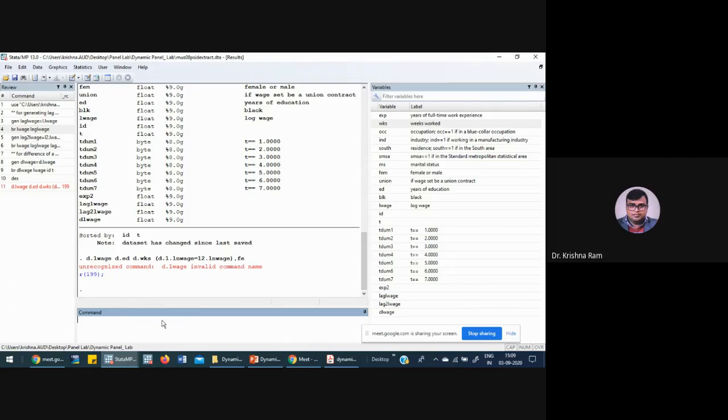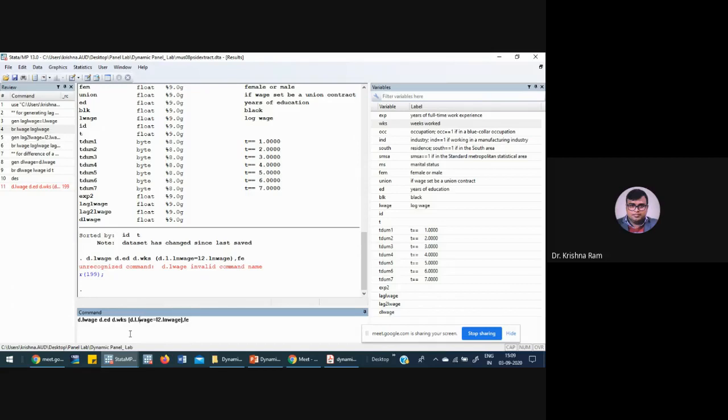It says D.L is an invalid command name. Oh, sorry, I haven't typed this correctly. Instead of lnwage, it should be L.wage, I guess. Right? Oh, okay, one mistake we made here.